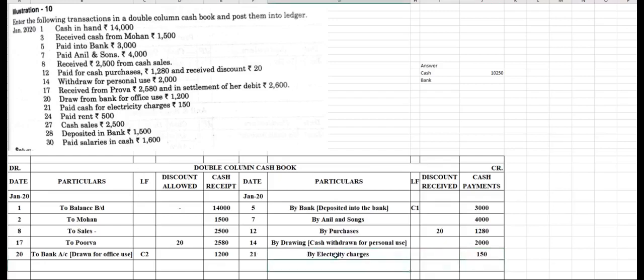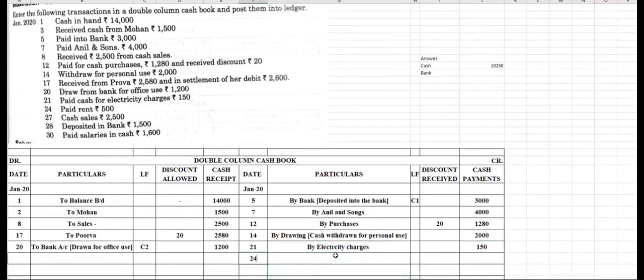Next, paid rent on 24th. They have not said whether it is cash or something, so we considered paid rent in cash, 500 rupees. Next, cash sales. So we sold the goods and received cash, that is to sales account, 2500 rupees.